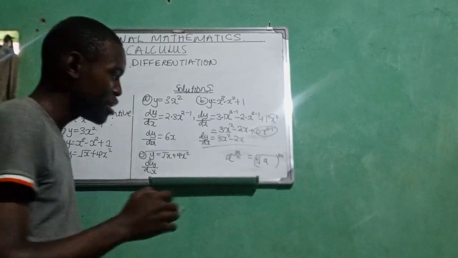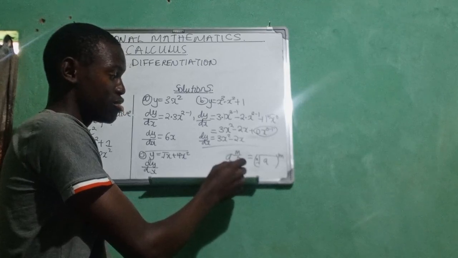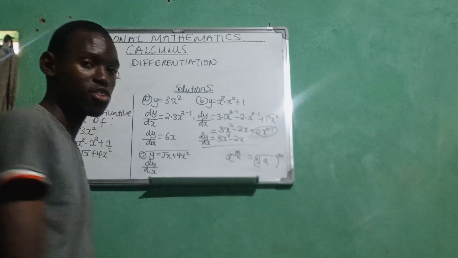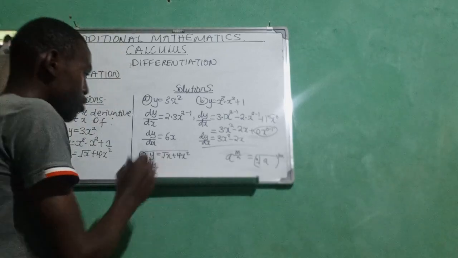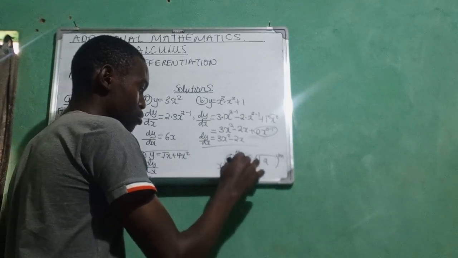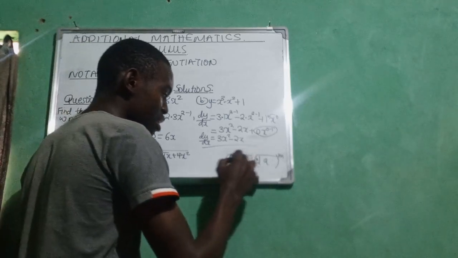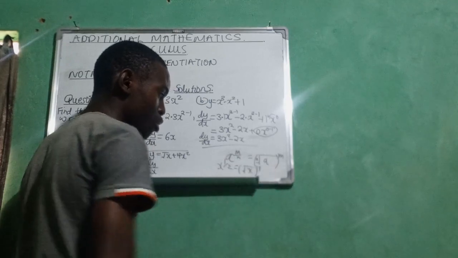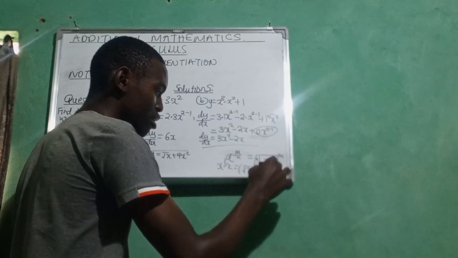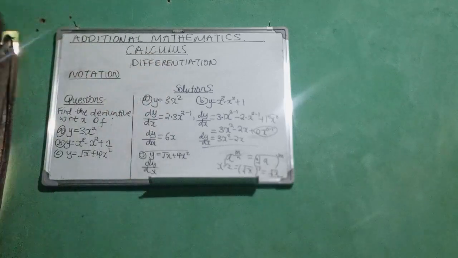What I've done here is say that the denominator of a fraction or index is the root. Then the numerator, whatever is there, we multiply by the numerator. So the square root of x is the same as saying x to the power 1 over 2. Then there is a 1 there. Now anything to the power 1, we just write x like that. We don't write the power 1.